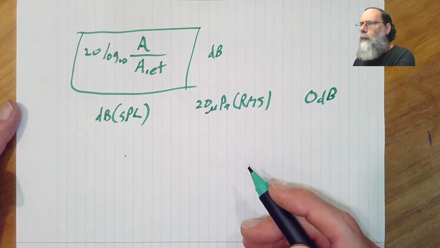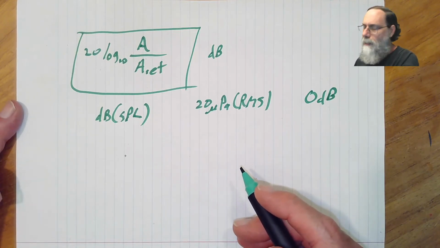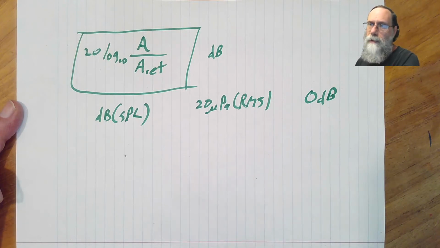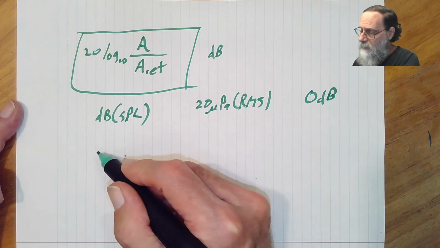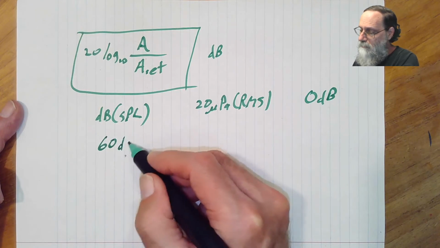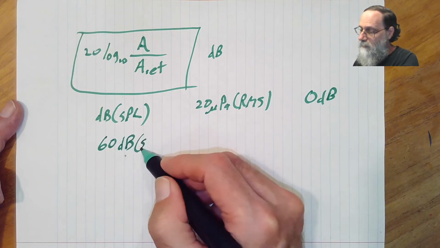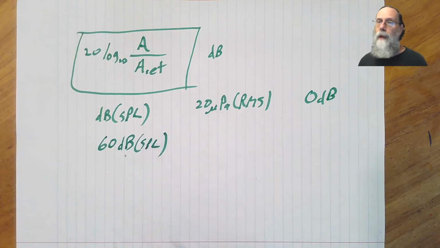So what sort of sound levels do we normally deal with? Well, ordinary speech, kind of like what I'm doing now, is probably around 60 dB sound pressure level. How big is 60 dB?